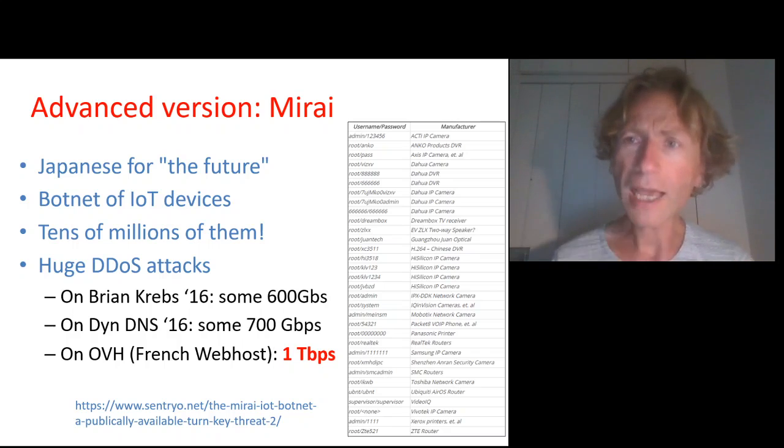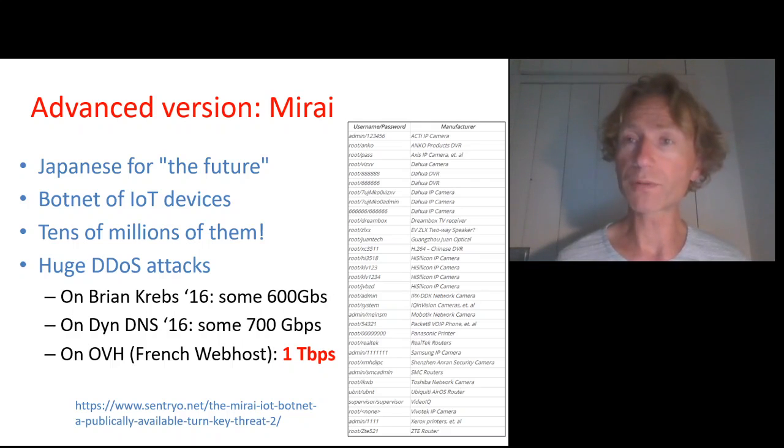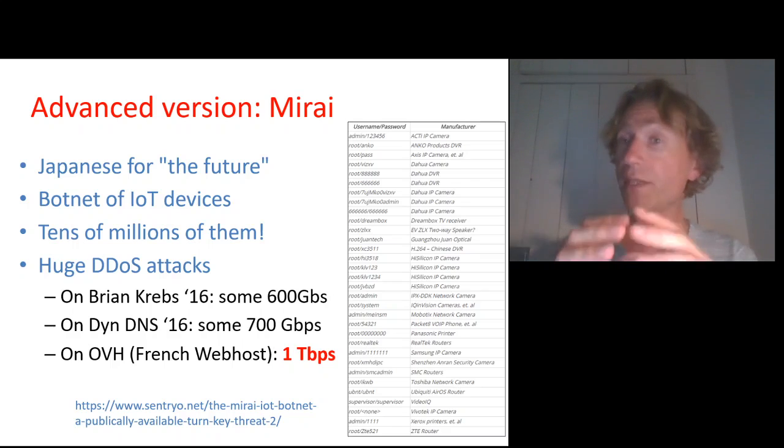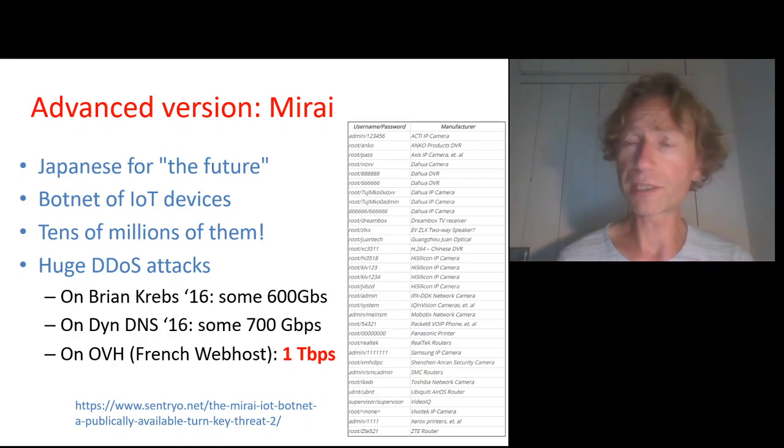Okay, and it's a problem because these IoT devices, there are many of them, and they increase in numbers very rapidly. And all of them may be relatively low end, but if you combine the amount of traffic that they can generate, it actually adds up to very high amounts of traffic. Moreover, these are IoT devices such as security cameras and refrigerators and so on.